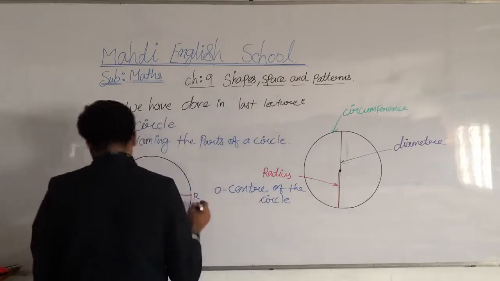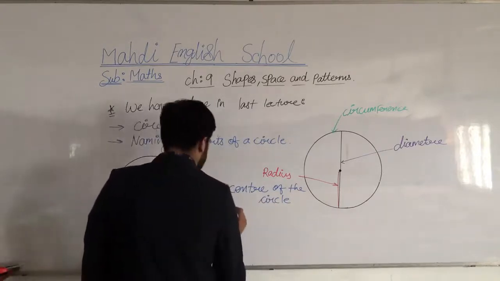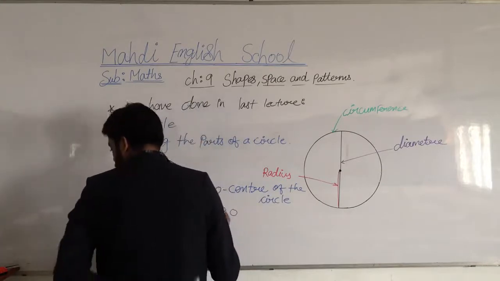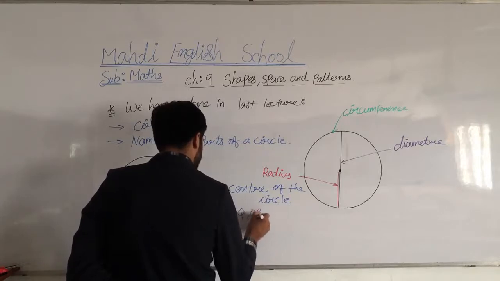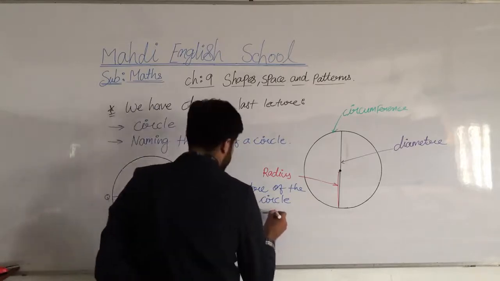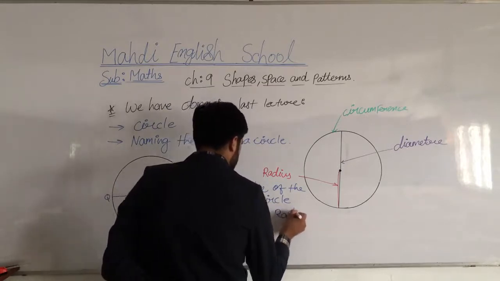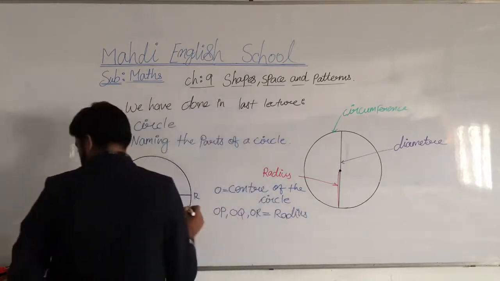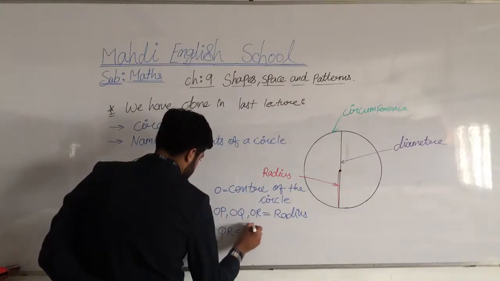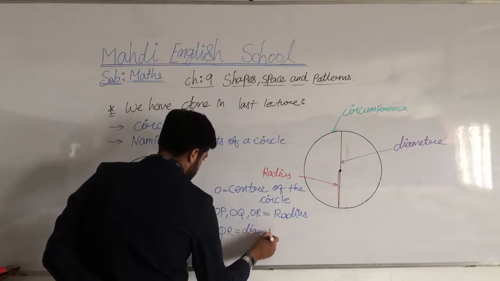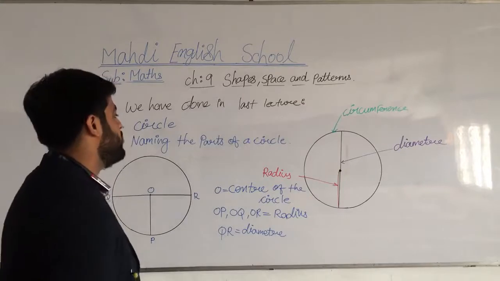Then OP, OQ and OR are all radii. Then Q and R is the diameter. Understood? We have to note all these things down.